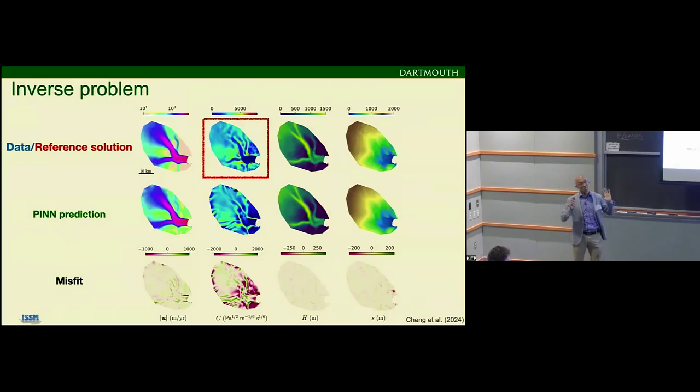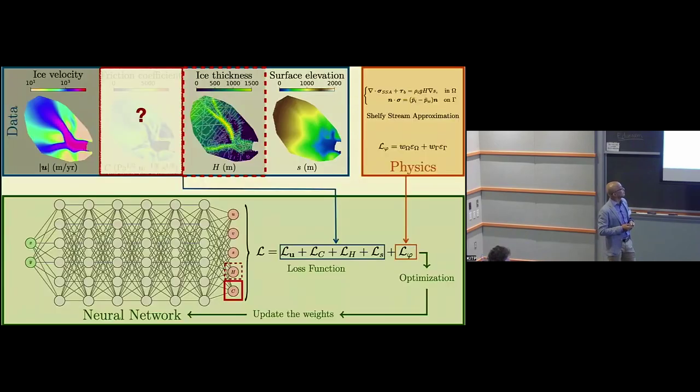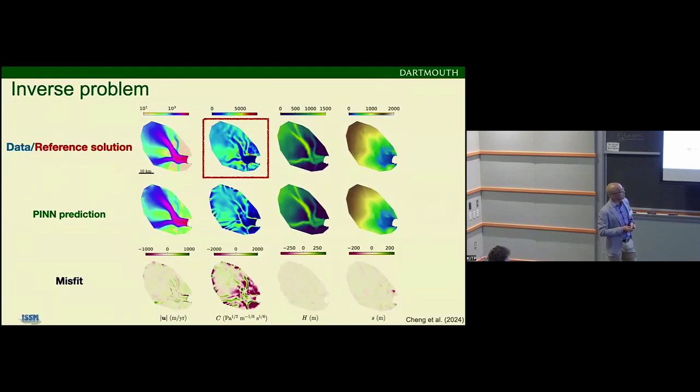You can see the neural net basically learns all the data and finds a good inverse solution. As an ice sheet modeler, I can tell you this is a pretty good job, because we care more about the fast flow region; in the slow moving region, basal friction doesn't matter.